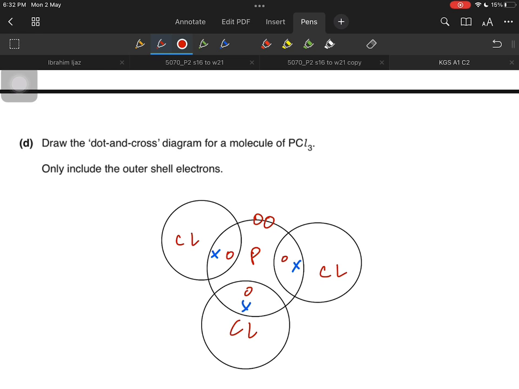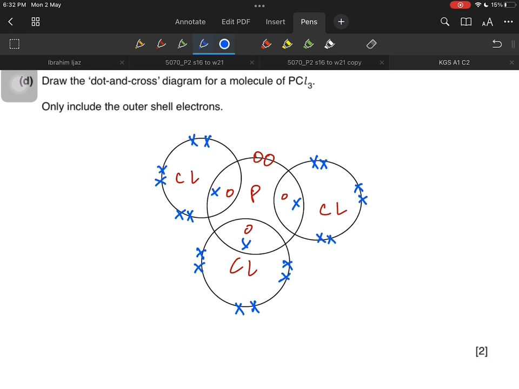Chlorine is in group 7. It's got 7 electrons in the last shell. You have drawn only 1 electron of chlorine so far. So you need to draw the unbonded electrons like these. They always go in pairs, but at least draw them. Make sure you don't forget them while drawing dot and cross diagrams.